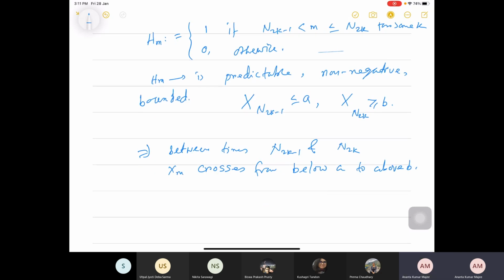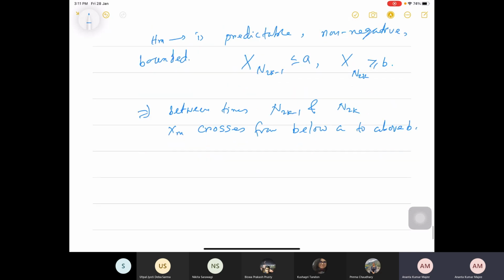Therefore, for every time an upcrossing happens, we can make a profit which is greater than or equal to b minus a, because it goes from a to b. So every time an upcrossing is completed, we have a profit greater than or equal to b minus a.